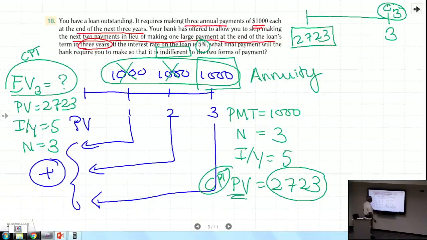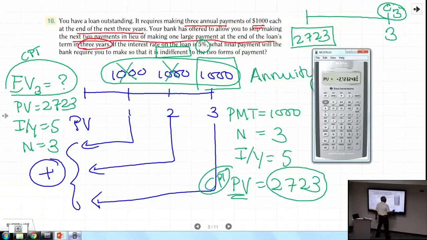So I go back to my financial calculator, clear everything, do a second clear TVM. Present value is 2723 negative. IY is 5%. N is 3. And I'm going to compute my future value.